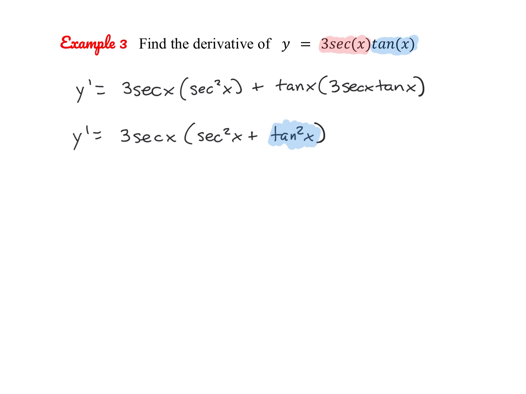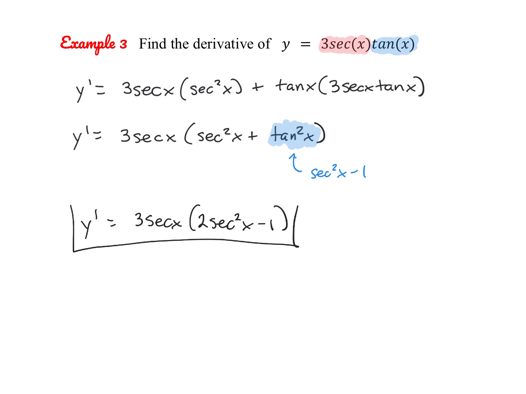So one of our Pythagorean identities tells us that tangent squared is equal to secant squared minus 1. So if we rewrite that as secant squared minus 1, we can combine like terms a little bit more. So we have 3 secant of x times 2 secant squared x minus 1. And we can leave our final answer like this.